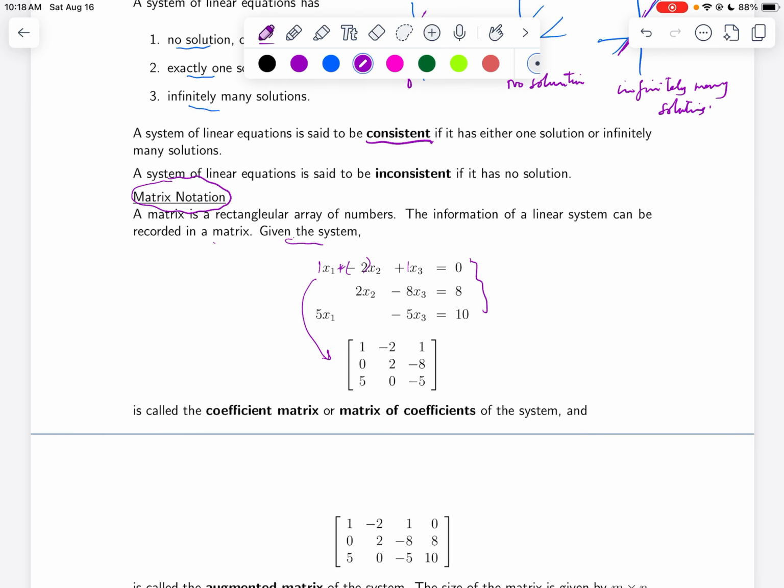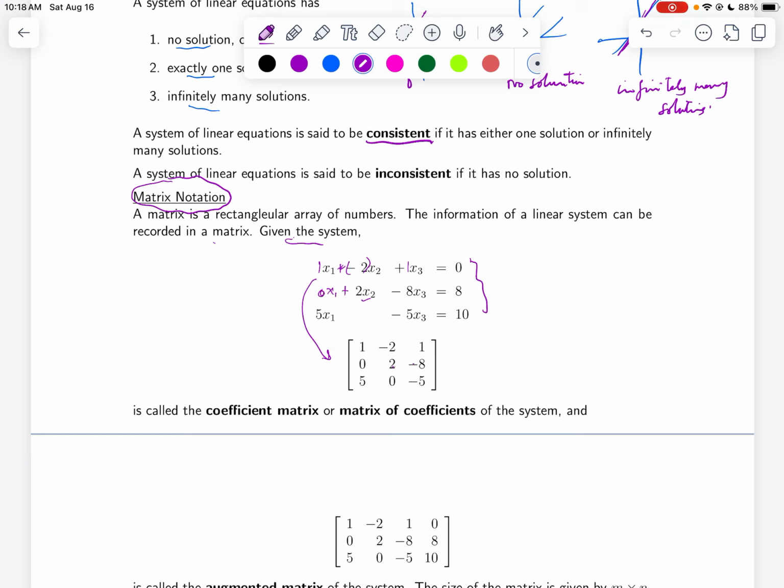Now the second equation is 2x2 minus 8x3 is equal to 8. So the coefficient of x2 is 2, the coefficient of x3 is negative 8. So I have 2 and negative 8. What about the coefficient of x1? Well, since x1 is not here, we can always multiply it by 0 and say 0 times x1 plus.